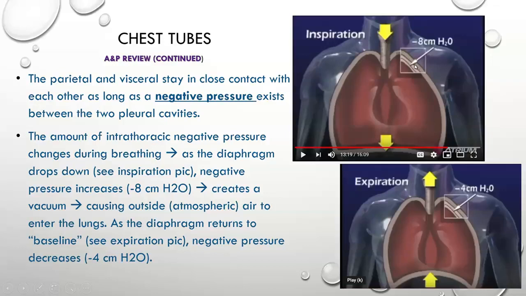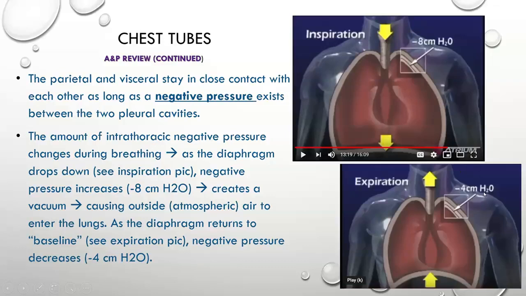When you look here, you can see the process of inspiration requires that the diaphragm drops down. I know this isn't a really pretty picture, but that's why it's below the baseline in that video. Then the chest muscles and the intercostal muscles allow the chest to puff up and out. The purpose of this is that it increases the space and therefore increases the negative pressure. So you have -8. Then during exhalation, when everything relaxes and goes back, the space becomes smaller and the negative pressure in the intrathoracic cavity is less than it was on inhalation.